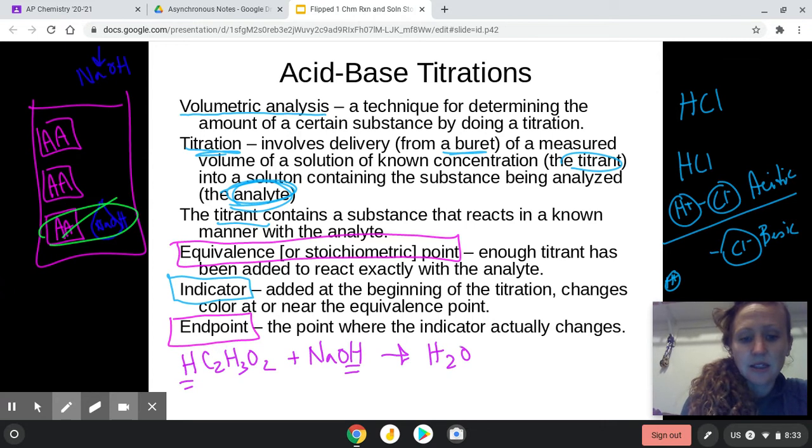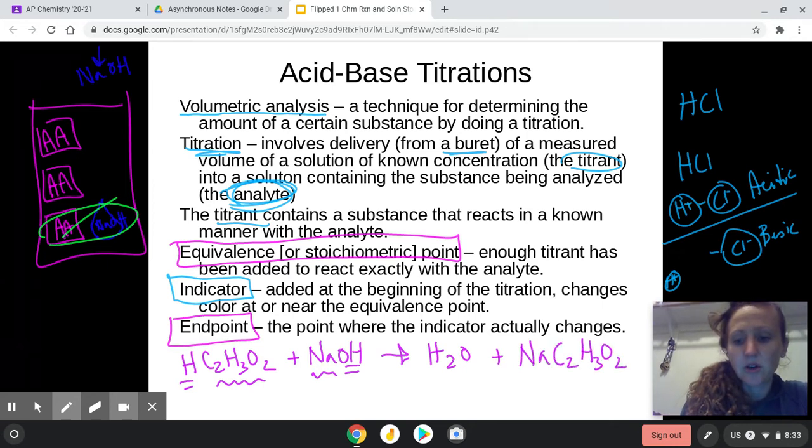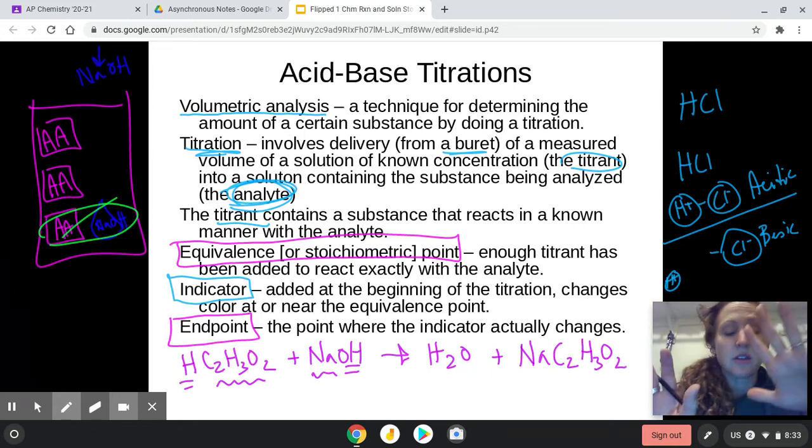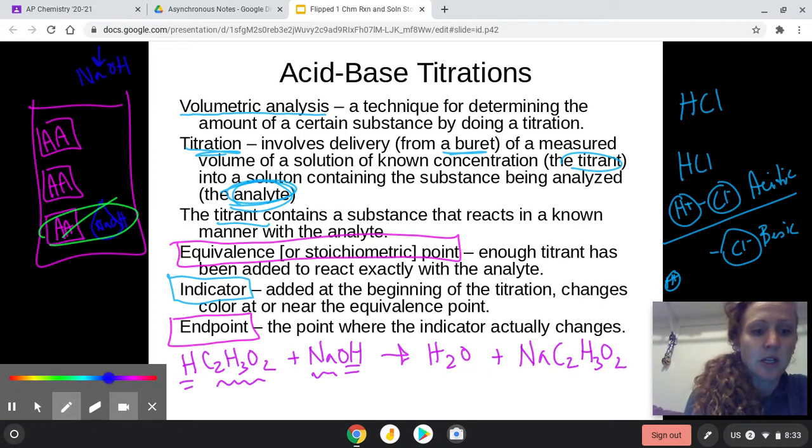And then the salt, the anion and the cation, match up and you get NaC2H3O2. So if I put 1 mole of NaOH in there, I'm going to neutralize 1 of my 3 moles of acetic acid. So there's no more NaOH, but there's still 2 more moles of acetic acid. So then we put in another drop of NaOH.